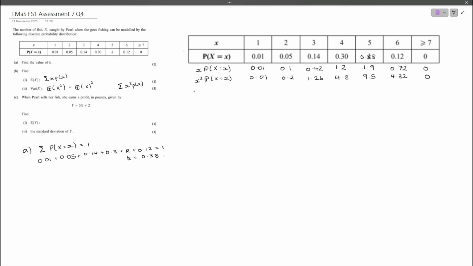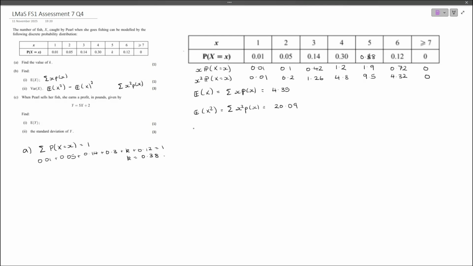So now I can say that the expectation of X is equal to the sum of xP(x), which is equal to 4.35. I can say that the expectation of X squared equals the sum of x squared P(x), which is equal to 20.09.